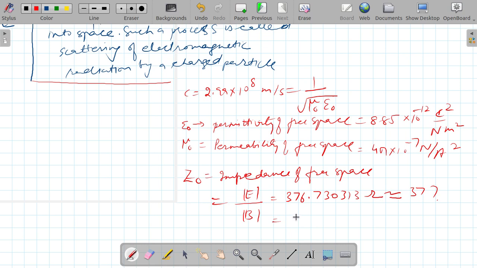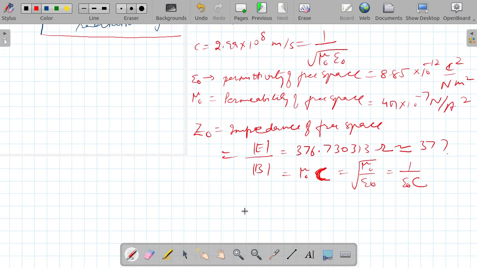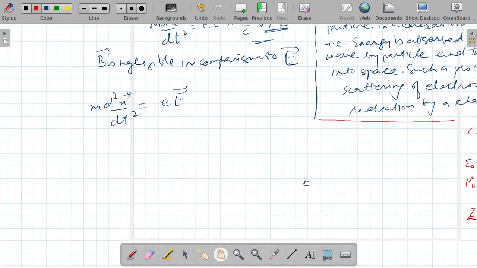We can also express this as mu naught c, or as the square root of mu naught over epsilon naught. So from here we conclude that the electric field component is nearly 377 times the magnetic field component. That's why this component can be ignored, and so we are expressing our expression in this form.